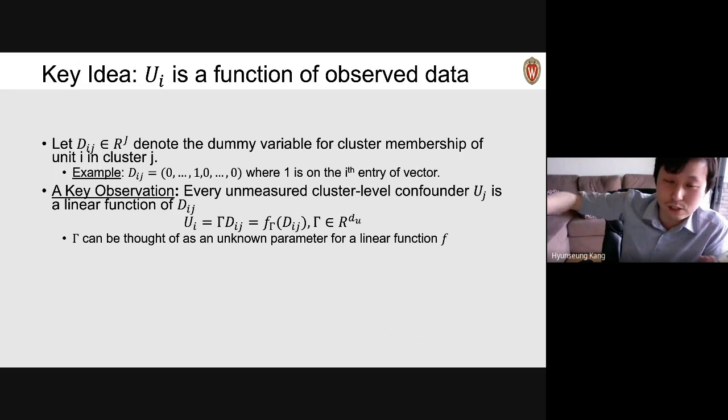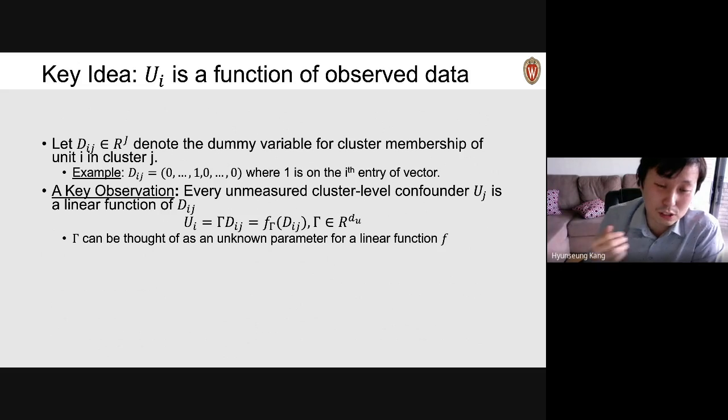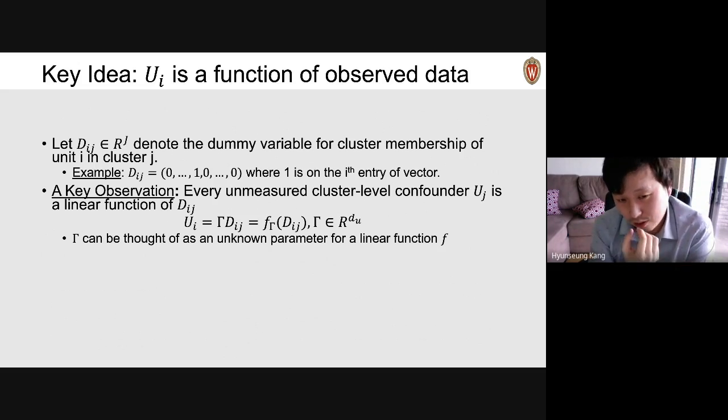Effectively, you can do a basis expansion on this space of D, and then it's just a linear combination of this basis expansion vector. Now, I agree with you: if the unmeasured cluster level variable is growing in dimension as sample size increases, then this approximation will likely fail.